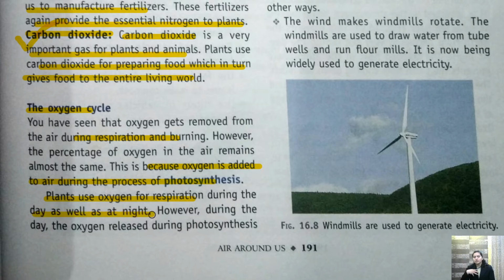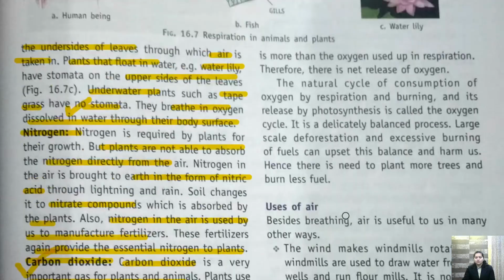Though plants also use oxygen both the times, day and night, when they do the process of photosynthesis in the day, the amount of oxygen released is very high as compared to the oxygen that they are taking. Hence we say that there is a net release of oxygen during photosynthesis.